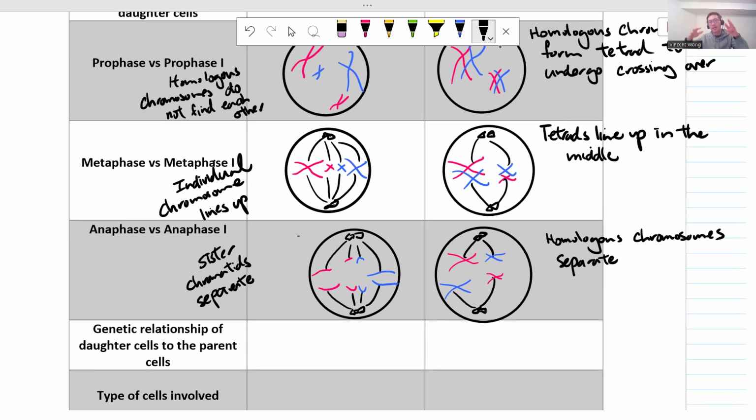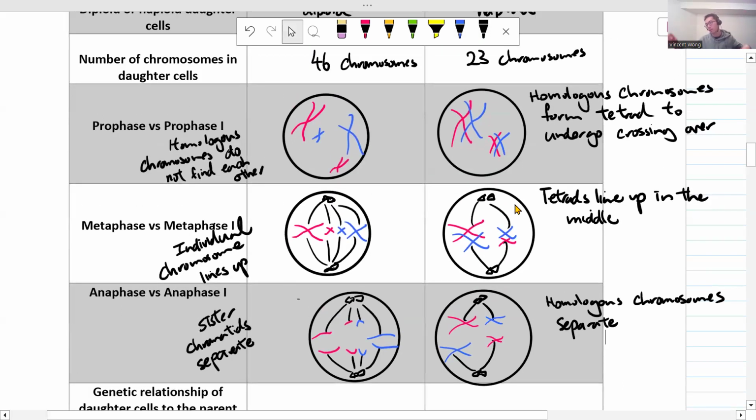So I hope this side-by-side comparison makes it more understandable and easier to comprehend. That's all.